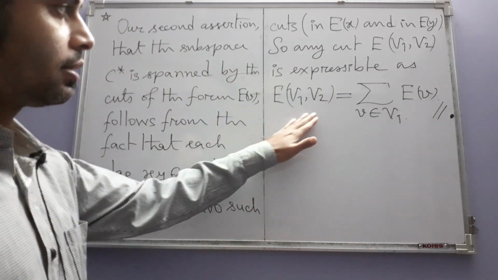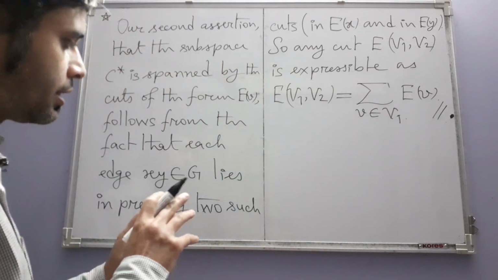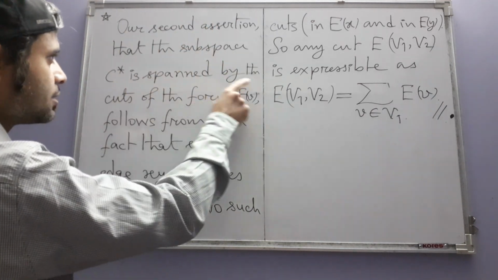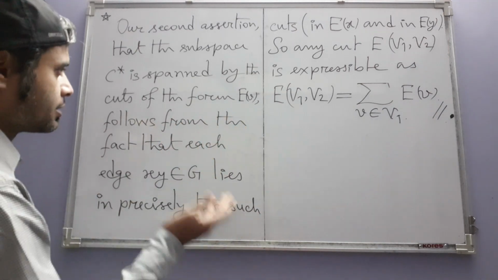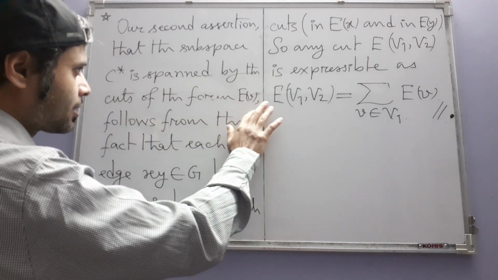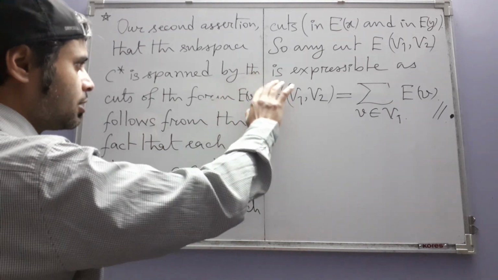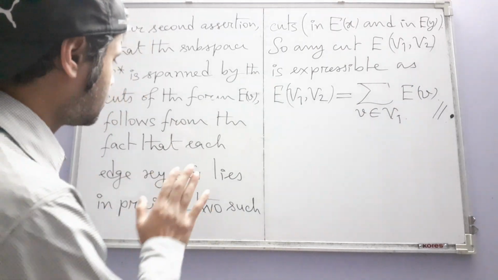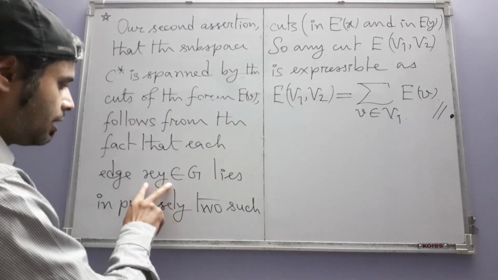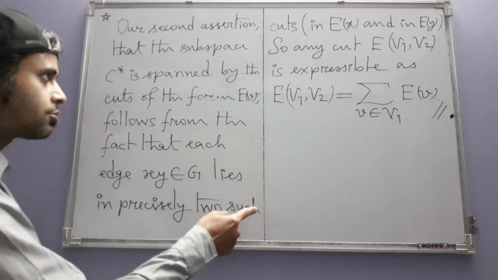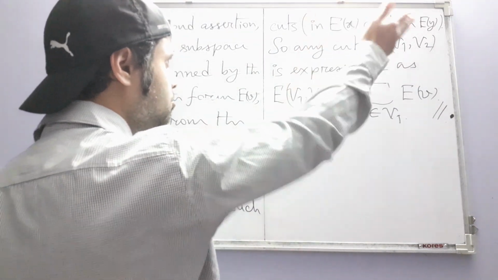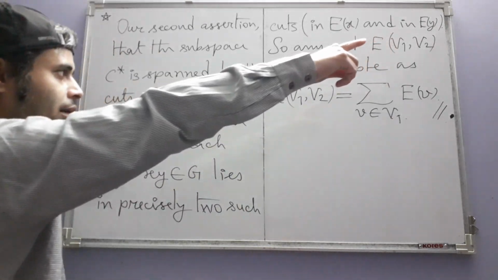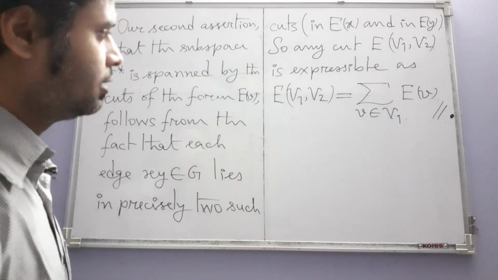Now before we show that this equation is true, let us see what we have written. Our second assertion, that the subspace C star has the set of this type of cuts as a spanning set, follows from the fact that each edge in our graph lies in precisely two such cuts. One is E of x and the other is E of y, where x and y are the ends of our edge.